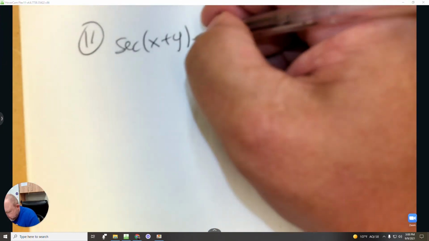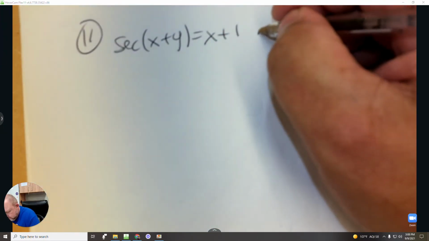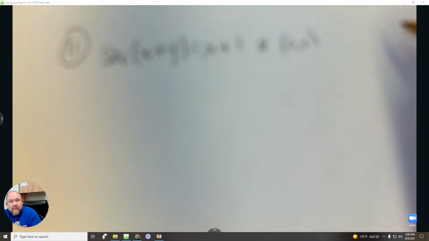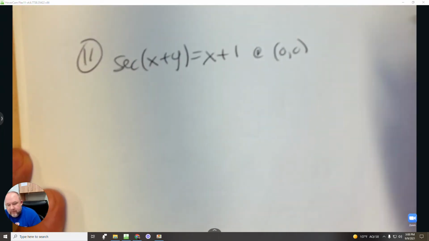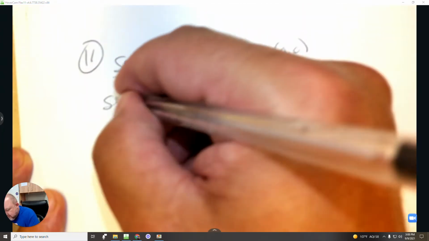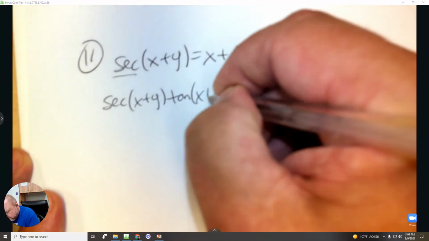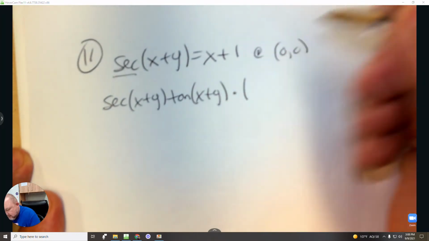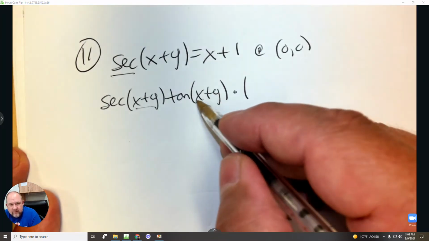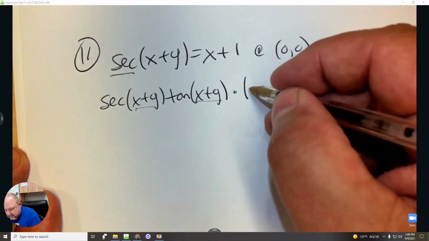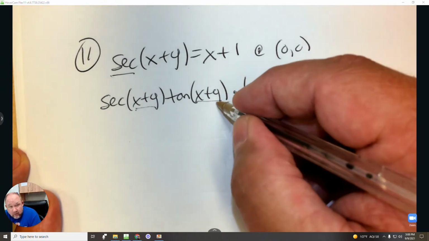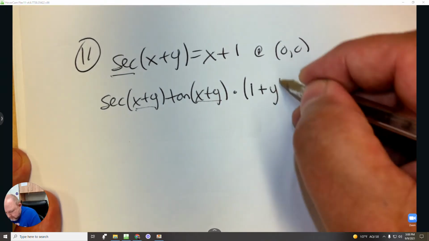Secant of x plus y. All right. The derivative of secant is secant tangent. And then what's the derivative of what's inside? So the derivative of x is 1, and the derivative of y is 1 y prime.